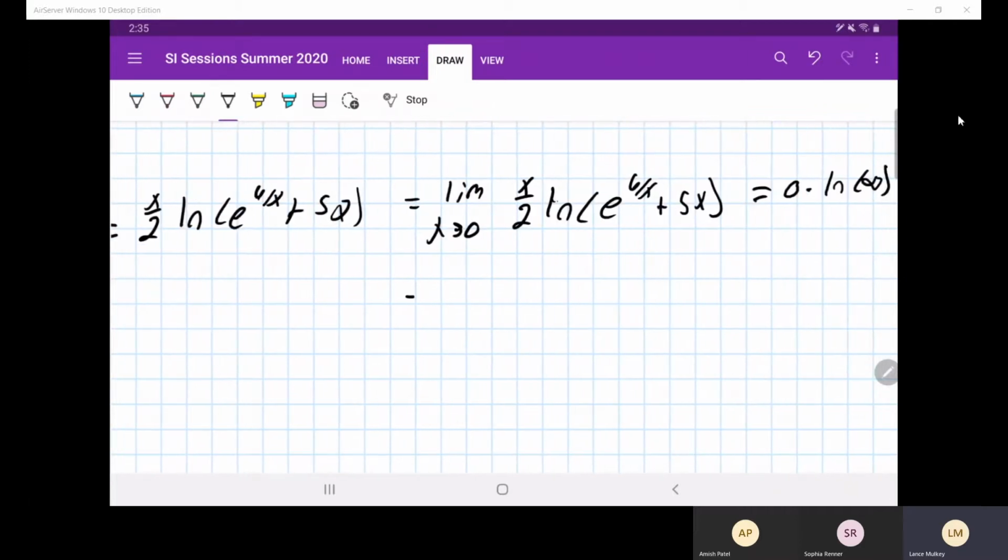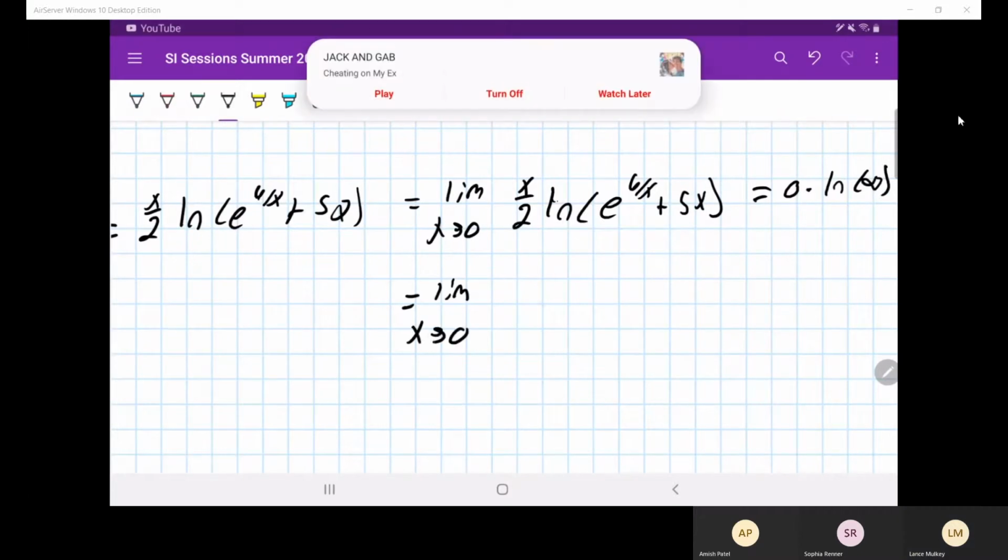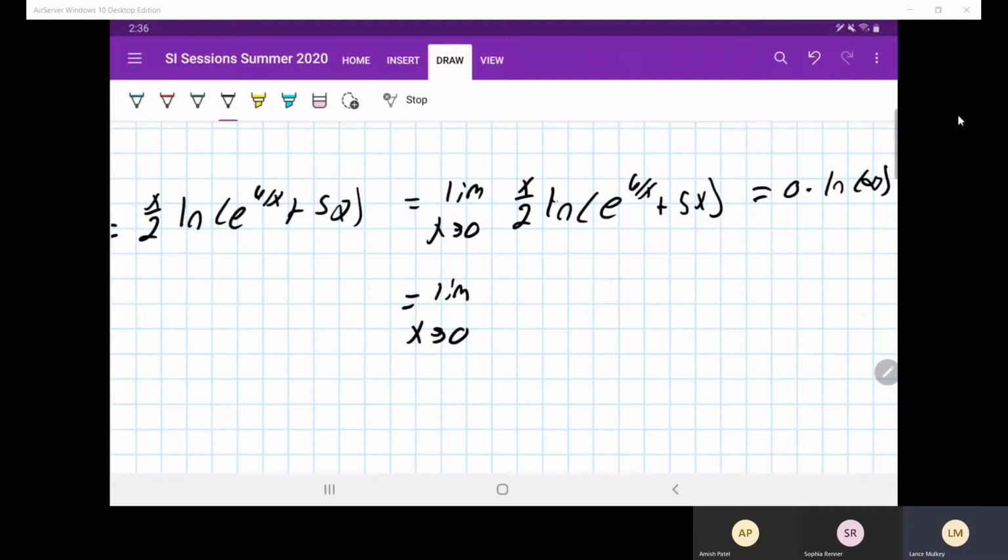So instead, let's take the limit of the natural log of e to the 6 over x plus 5x, over 1 over x over 2. So you can move it to the bottom. You can flip it by moving it to the denominator and write it as 2 over x. Everybody see what I did there?